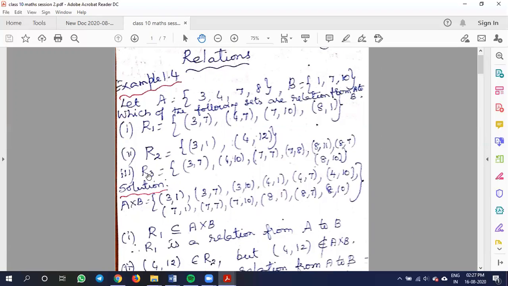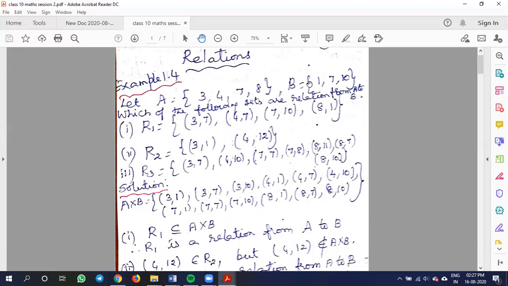Now, coming to the solution, first we have to write the cross product or the Cartesian product A cross B. For finding the Cartesian product, you have to take the first element from the first set and the second element from the second set.